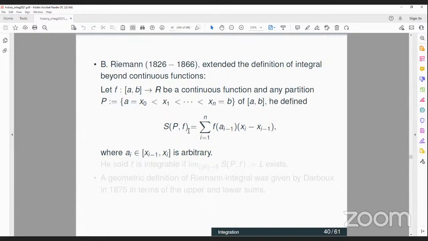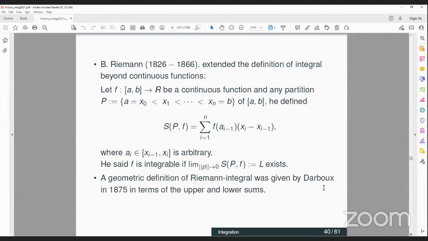So he said the function f is integrable if this limit exists as the norm of P goes to 0. A geometric way of defining the integral was given later by Darboux, in terms of upper sums and lower sums. I don't have time to show that applet, but you can find a GeoGebra applet for upper sums and lower sums for functions.